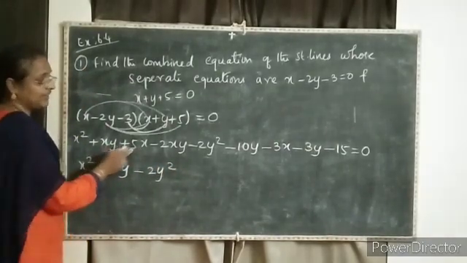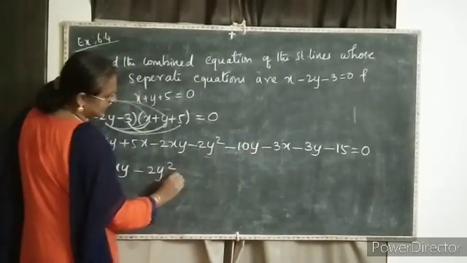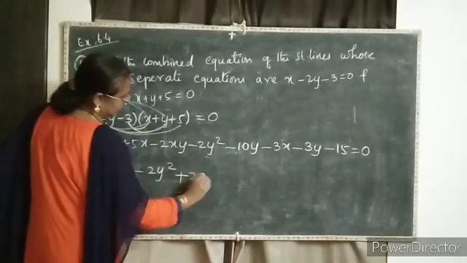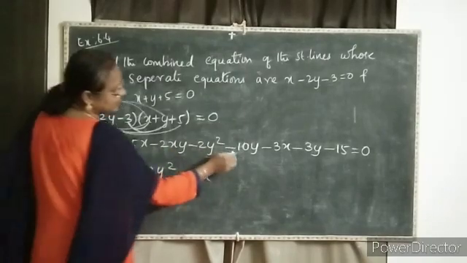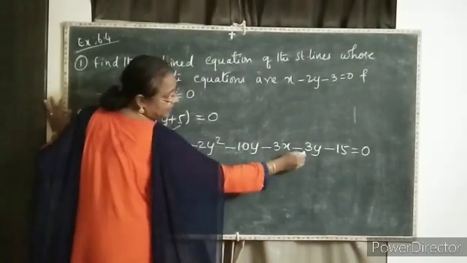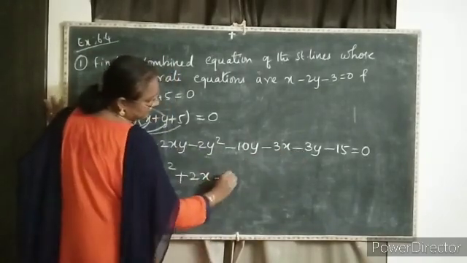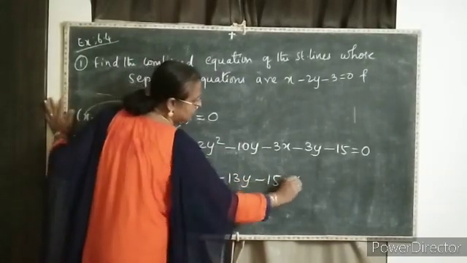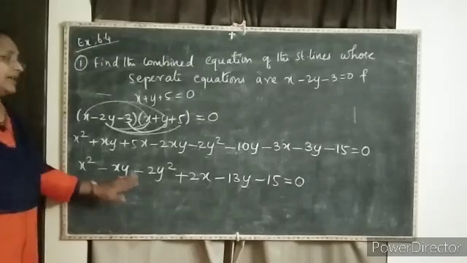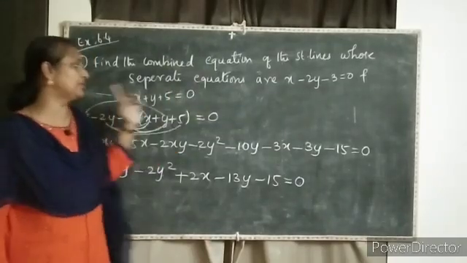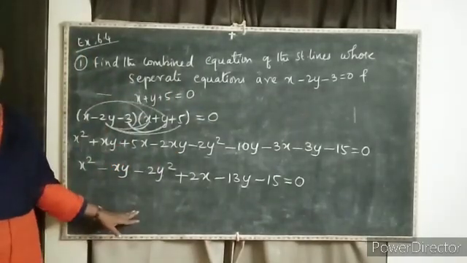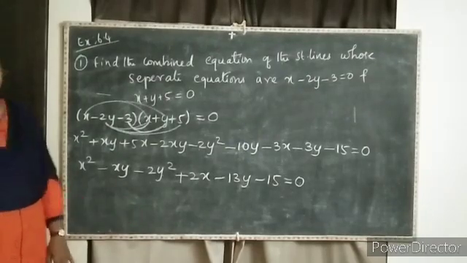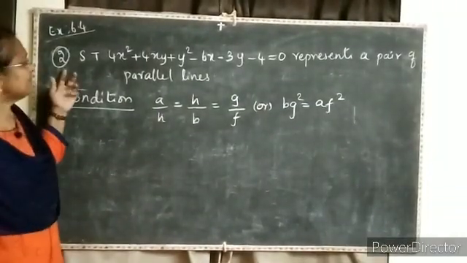Here I have plus 5x, here I have minus 3x, so I get plus 2x. The next one is minus 10y, here I have minus 3y, so this becomes minus 13y. Minus 15 is equal to 0. Now this is the required combined equation of the two straight line equations. Is it okay?